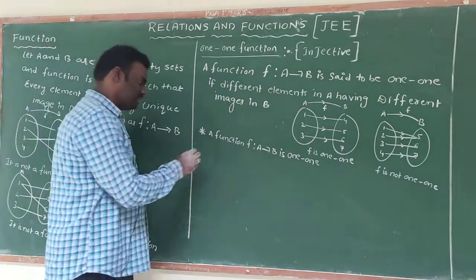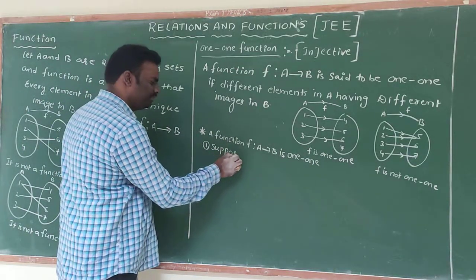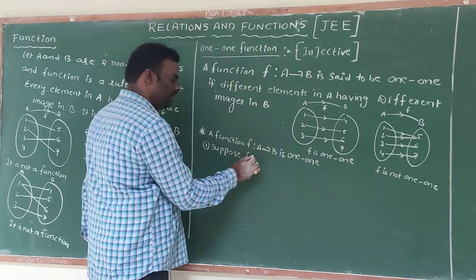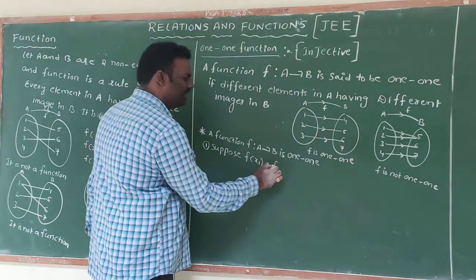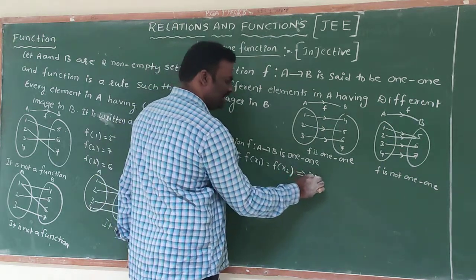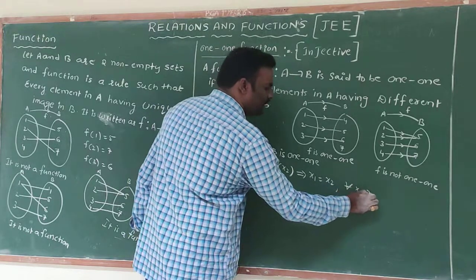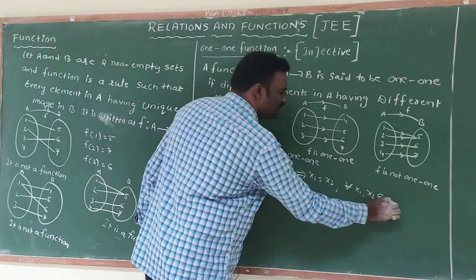Now the first definition: suppose f of x1 is equal to f of x2, that implies x1 is equal to x2 for all x1, x2 belonging to set A.